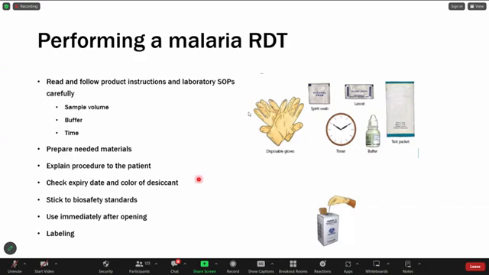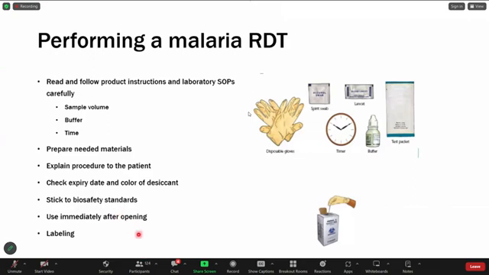If the desiccant color has changed to pink, we should not use this RDT because chances are high that it has been spoiled by humidity. However much the expiry date might be still okay, but if the desiccant shows signs of contamination, we are not advised to use such RDTs. Then we are also advised to stick to biosafety standards, putting on gloves, disposal of waste, then disinfection, all those ones.